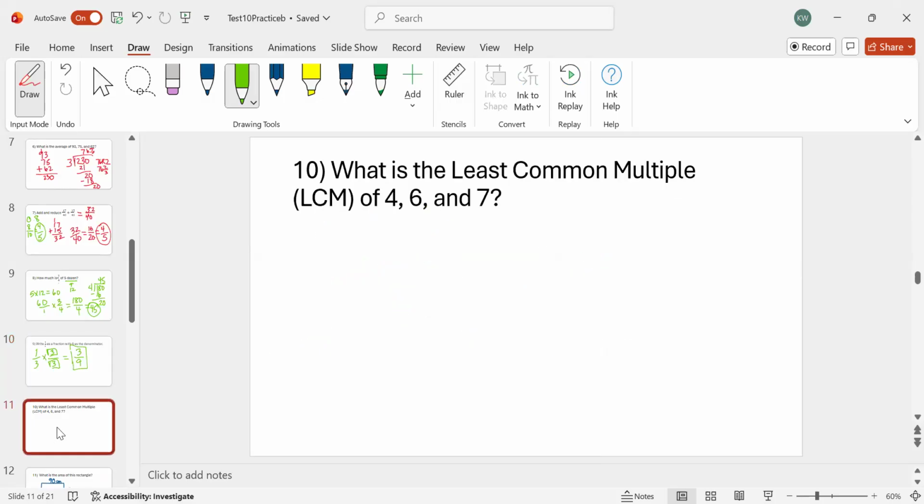Okay, let's go to the next problem. What is the least common multiple of 4, 6, and 7?